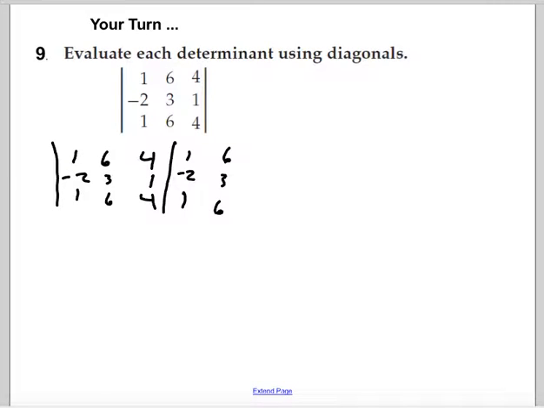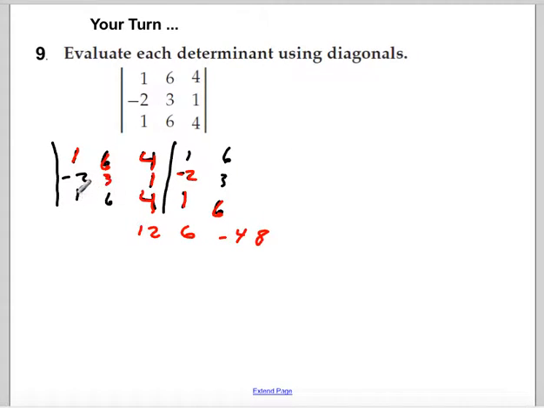So let's do this. So 1, 3, 4. I have to multiply those. I get 12. 6, 1, 1. Multiplying those, we get 6. 4, negative 2, 6, we get a negative 48.